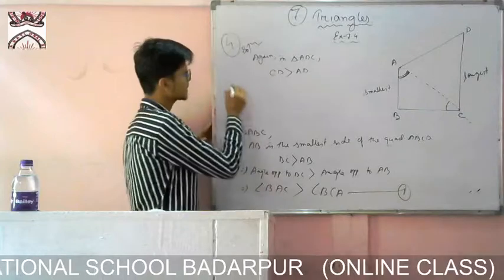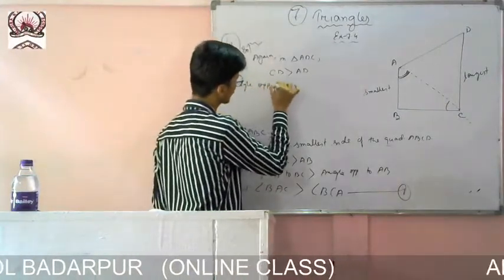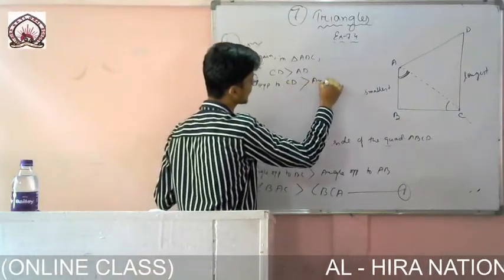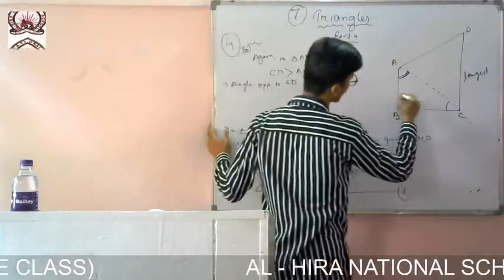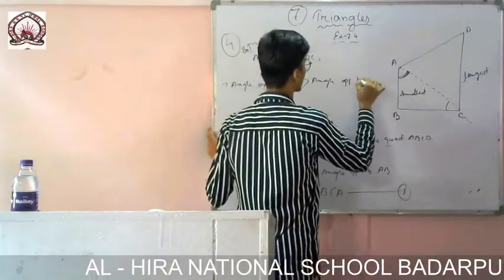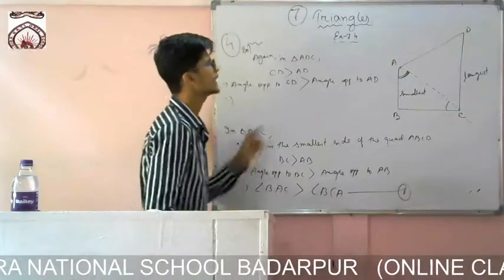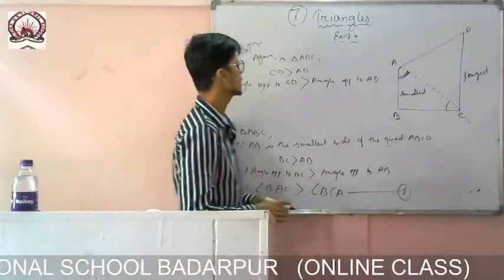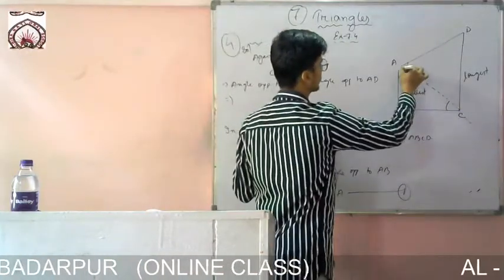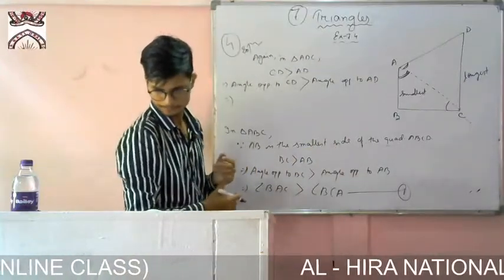If CD is greater than AD, then the angle opposite to CD will also be greater. Angle opposite to CD is greater than angle opposite to AD. Are you getting my words? Angle opposite to CD, which one? This angle, that is angle CAD or DAC, whatever you write.